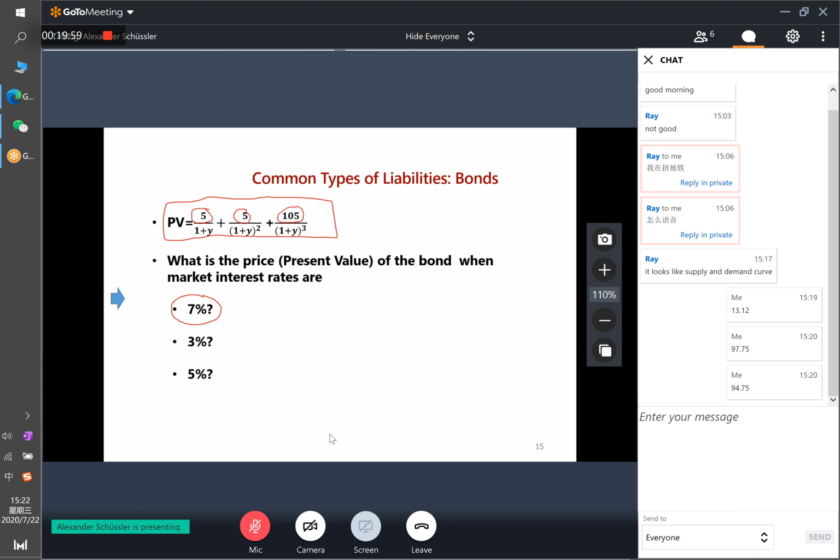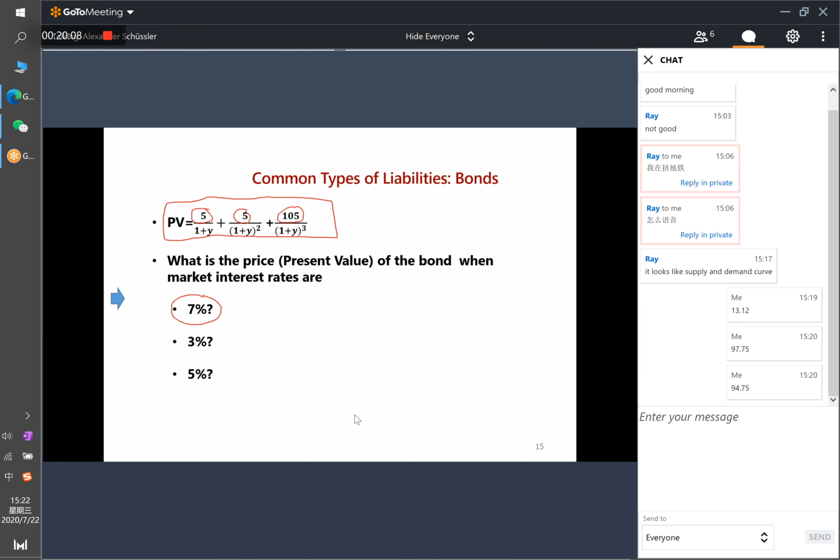For the first year, we have 5 divided by 1.07.